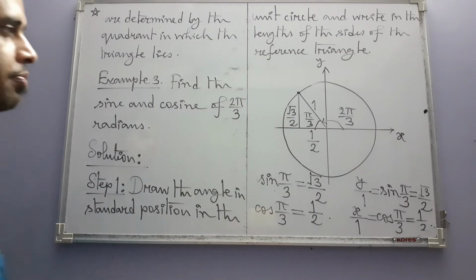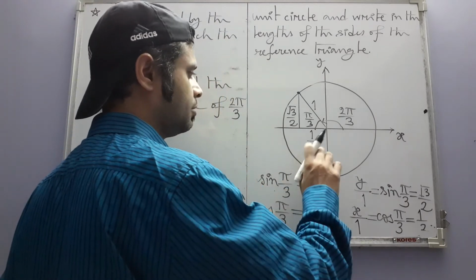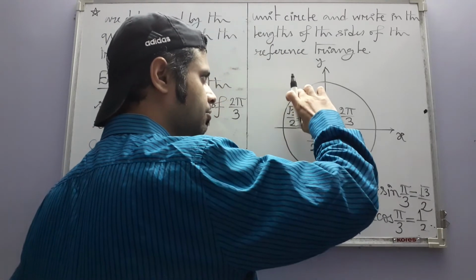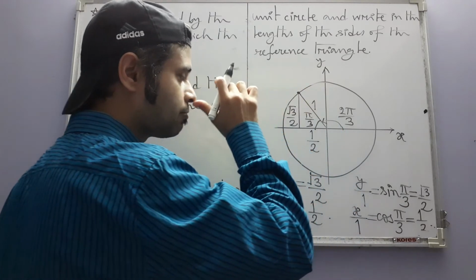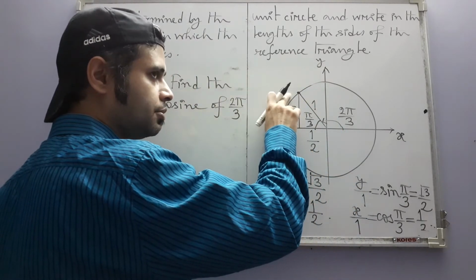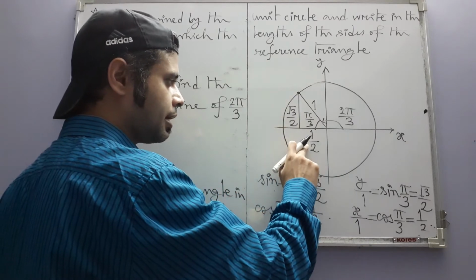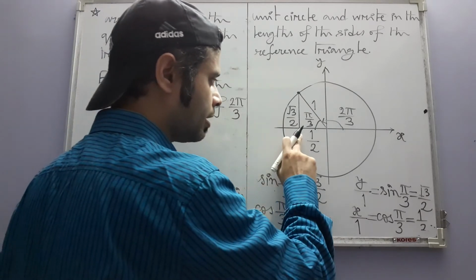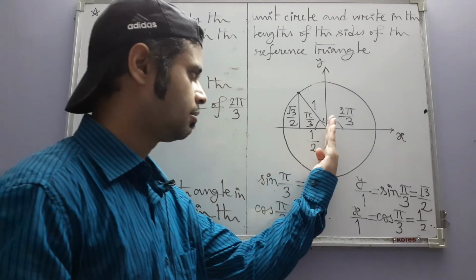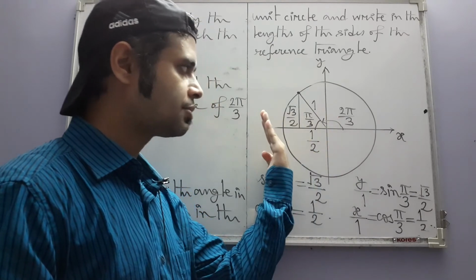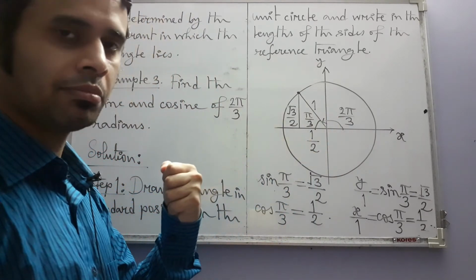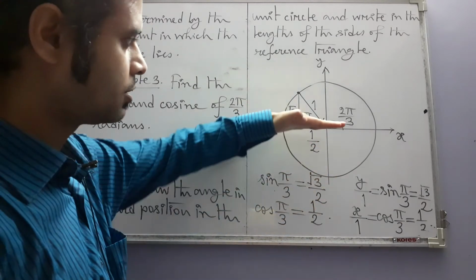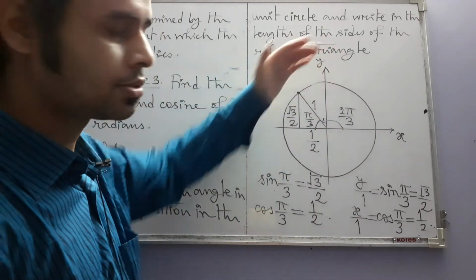So now what? That means we now know the absolute value of x and the absolute value of y. So what will the coordinates of this point be? Now not only do we need these absolute values, but we need to put the signs also properly. With the x coordinate, because we are on the negative side of the x-axis, we have to put a minus sign. But with the y coordinate, we don't need to put a minus sign because we are on the positive side of the y-axis.